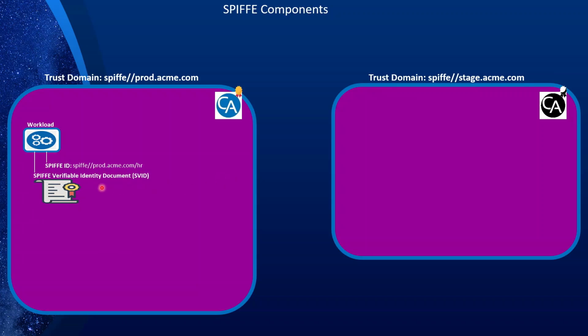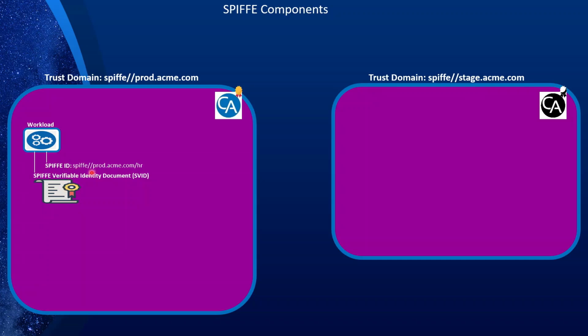The workload also has a SPIFFE Verifiable Identity Document, or SVID. It's basically an X509 certificate that is assigned by and is signed by this authority here. And that is how the workload identifies itself through this X509 certificate.